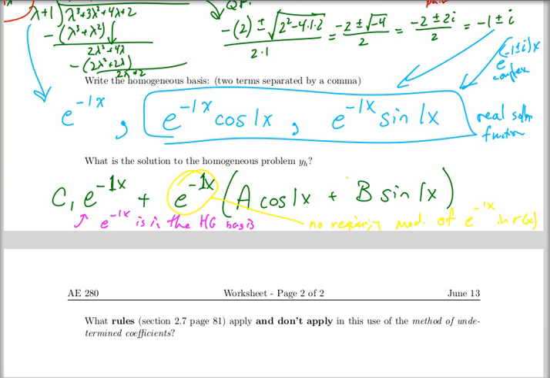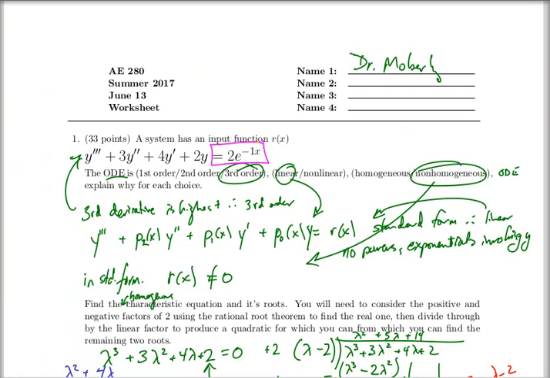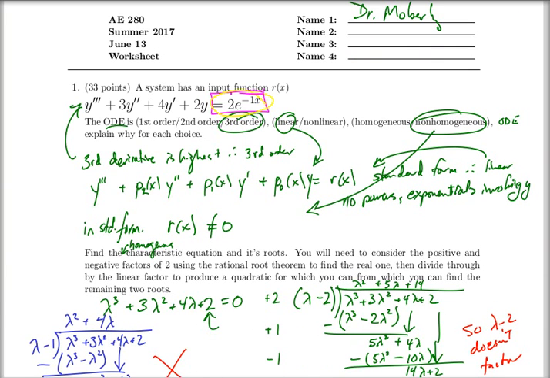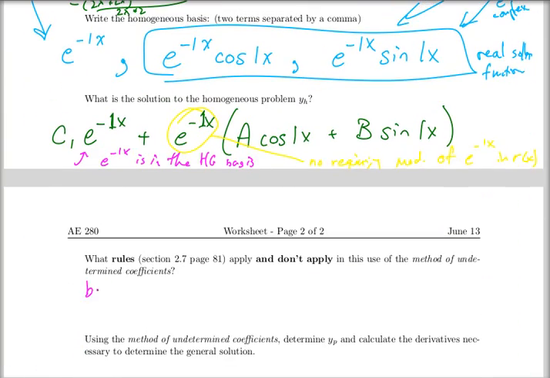Only if there was an e to the minus 1x times sine or cosine in this original R of x would we have considered that. So the original R of x just includes a real exponential.